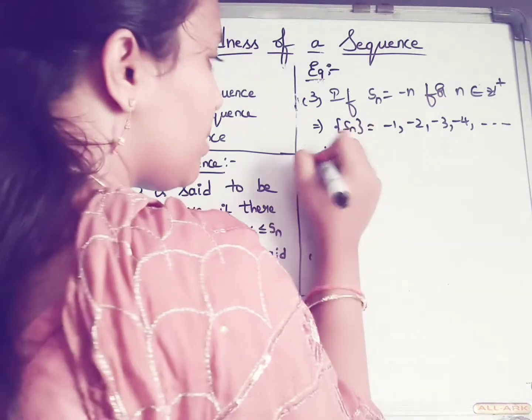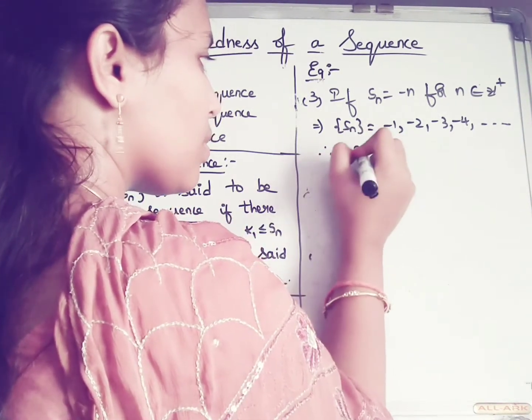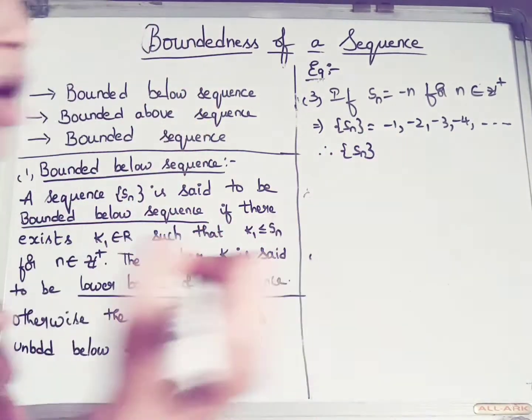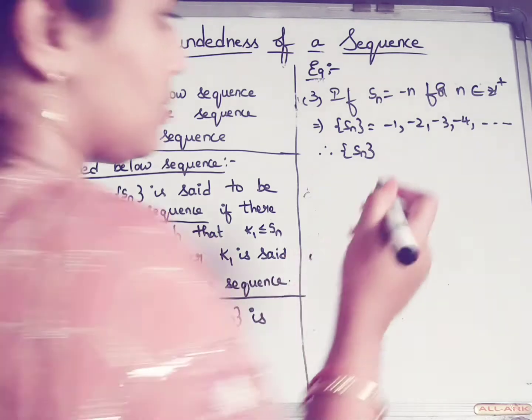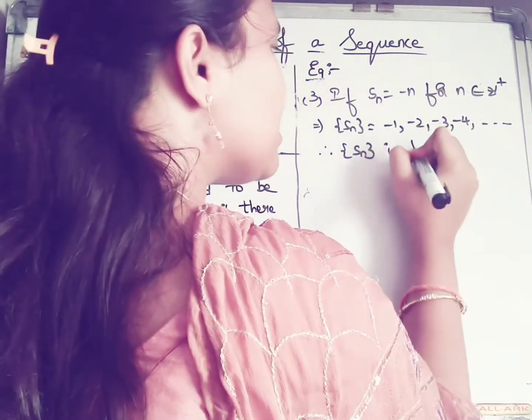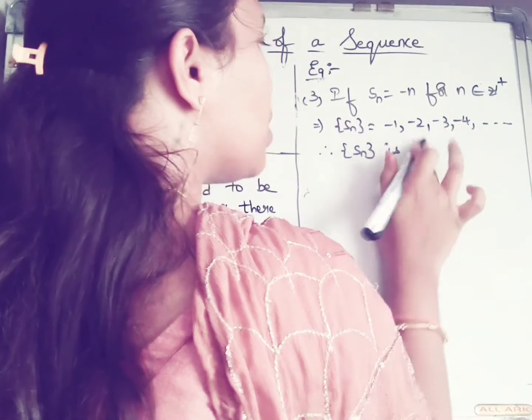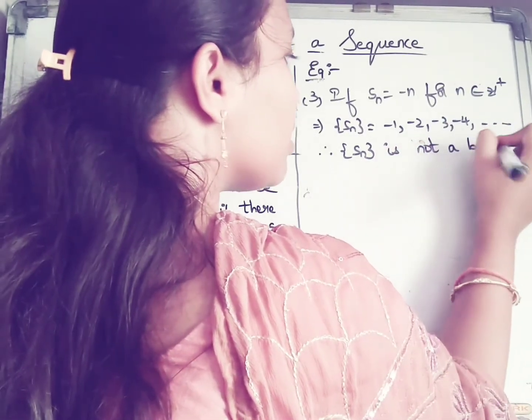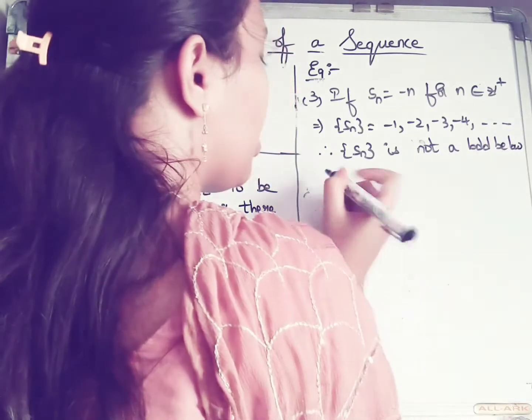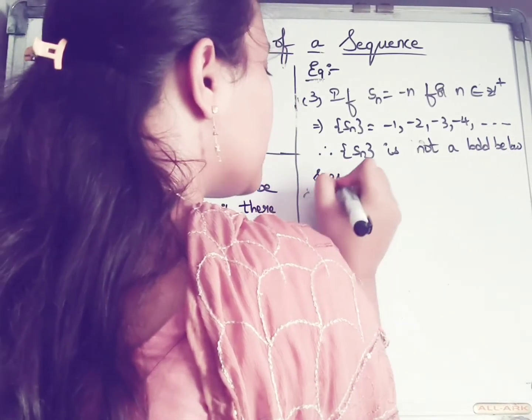So if we do not find any lower bound, then we can say that the sequence is an unbounded below sequence. So the sequence Sn is not a bounded below sequence.